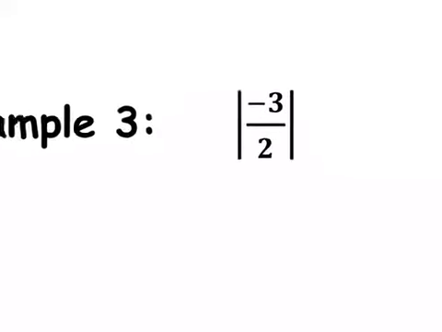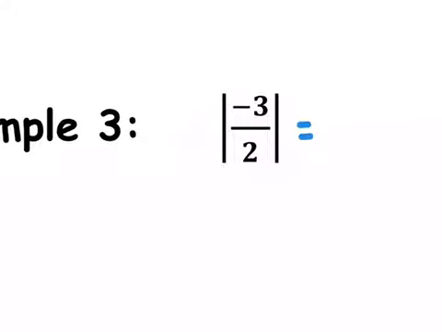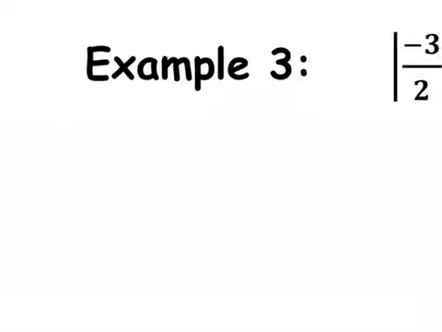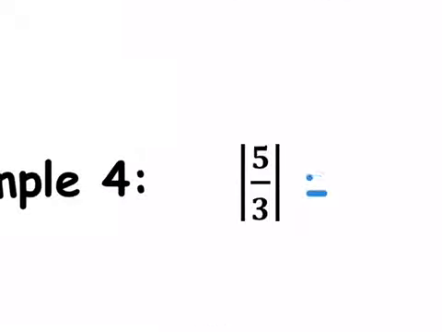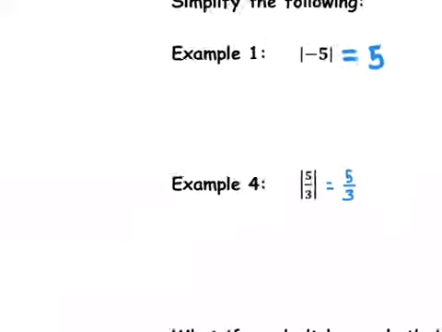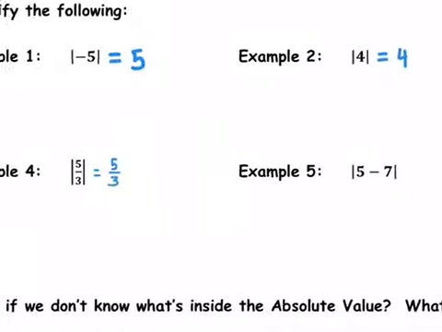Example number 3, that is -3/2, it is just 3/2. And then example number 4, 5/3 again, so it works the same with a fraction as it did with our integers, so that's still just 5/3.